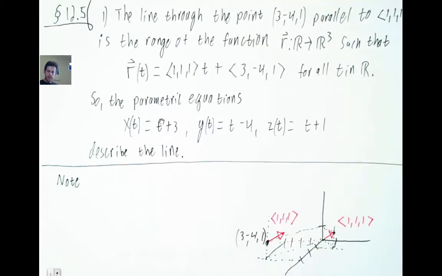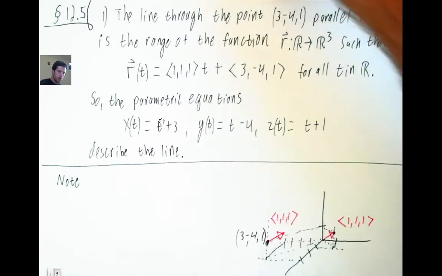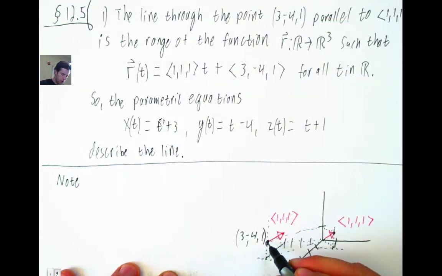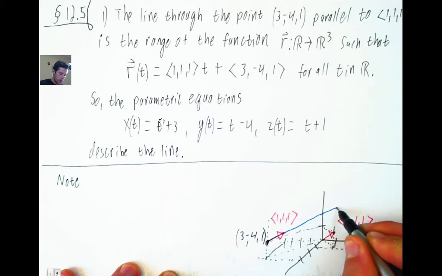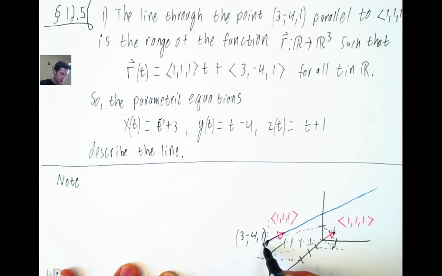And then the line that we are describing, I'll make that in blue, though I know that blue doesn't show up very well, is the line that goes in the direction of (1, 1, 1) forever, starting at the point (3, -4, 1), and goes in the opposite direction. When t is negative, we take negative multiples of (1, 1, 1).